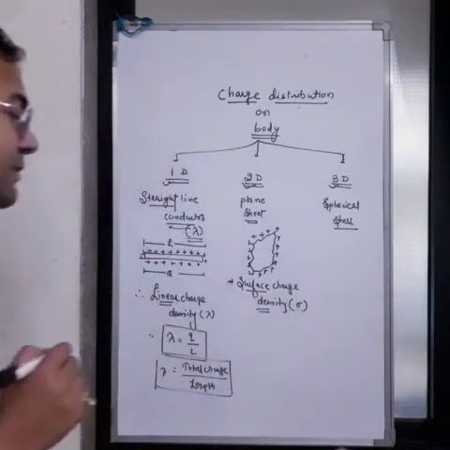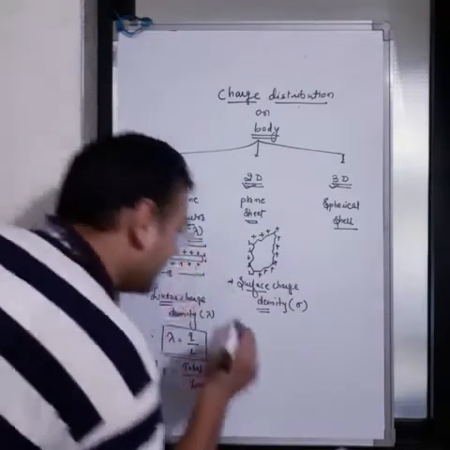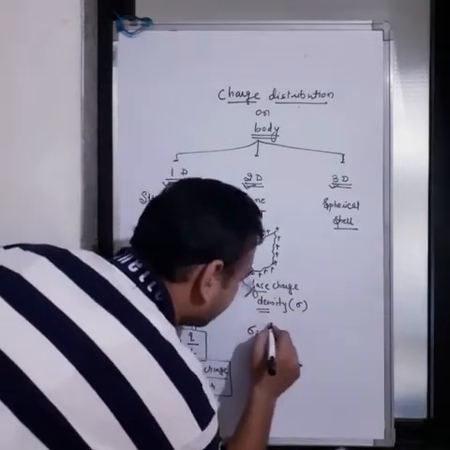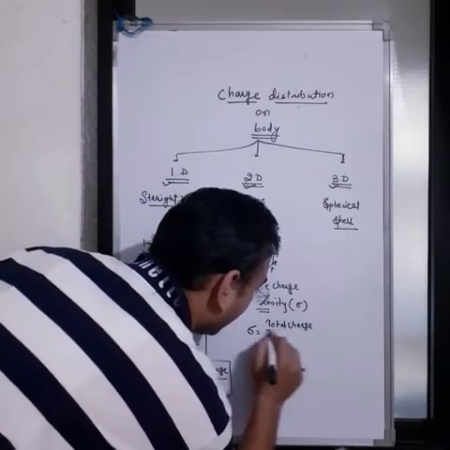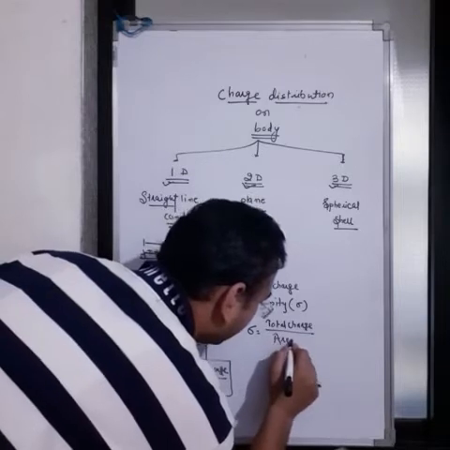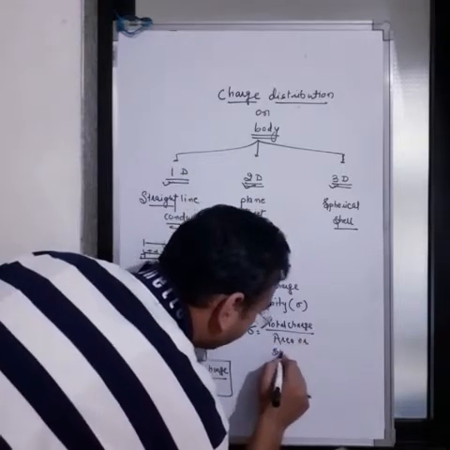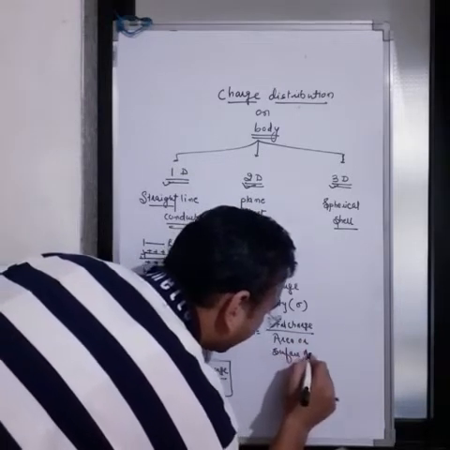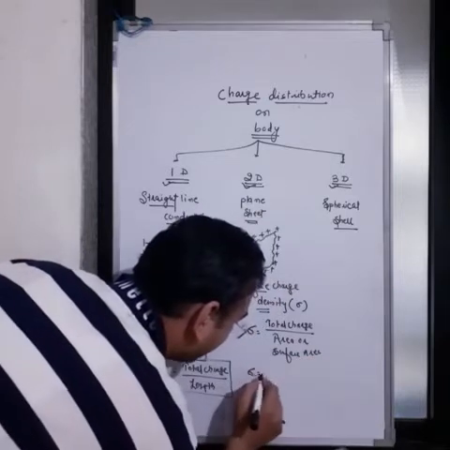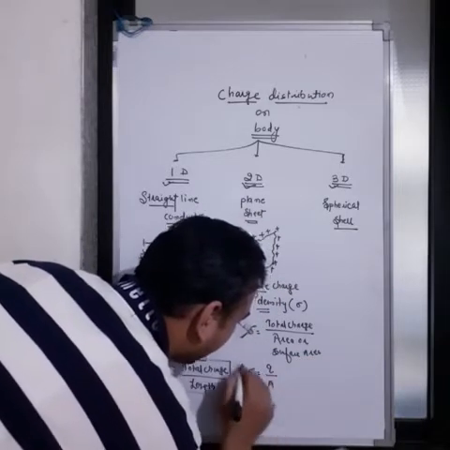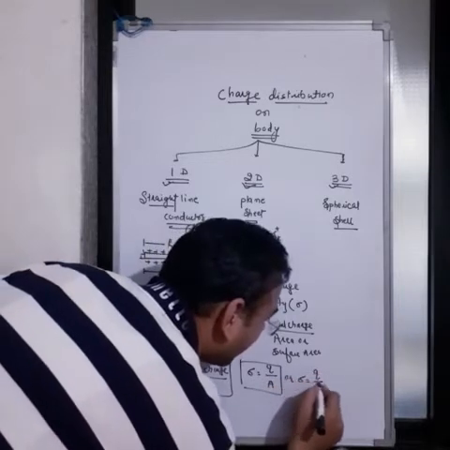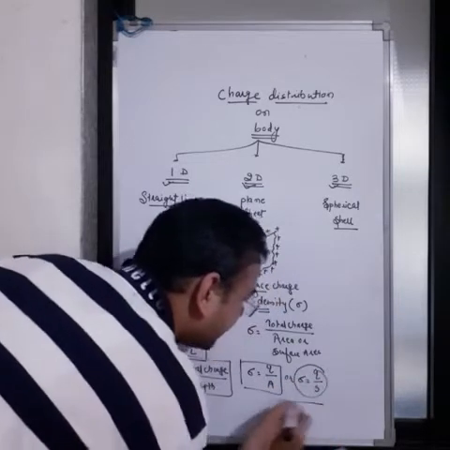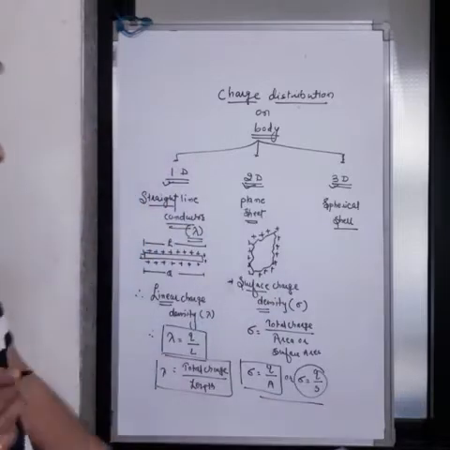Sigma is total charge upon area or surface area. So we can say that sigma is equal to Q upon A, or sigma is equal to Q upon S. In this manner we can write.